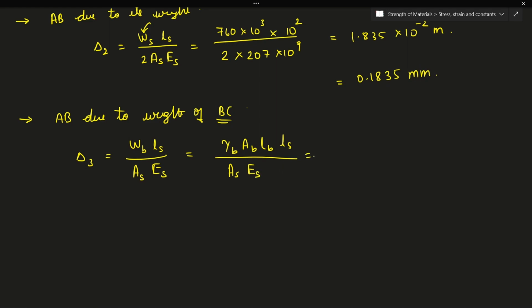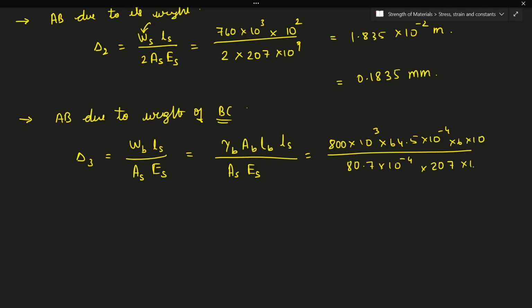Which is nothing but 800 into 10 to the power of 3 into 64.5 into 10 to the power of minus 4 into 6 into 10, whole divided by 80.7 into 10 to the power of minus 4 into 207 into 10 to the power of 9. If I simplify this, I'll get 0.1853 mm as the answer.